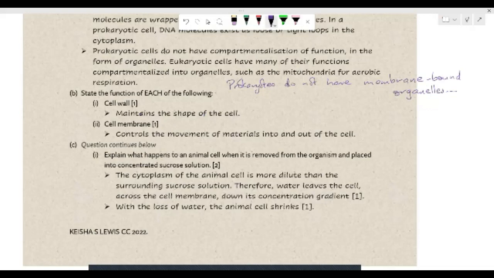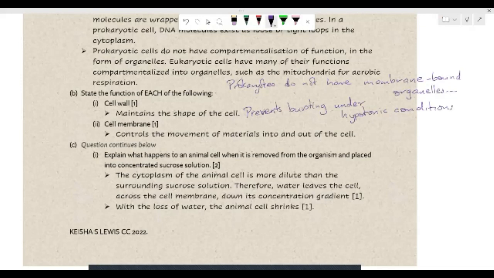Function, again, for some reason, people tend to make this a lot more complicated than it needs to be, right? Cell wall maintains the shape of the cell. Another thing you can say is that it prevents bursting under hypotonic conditions.